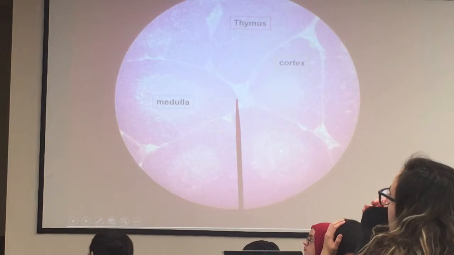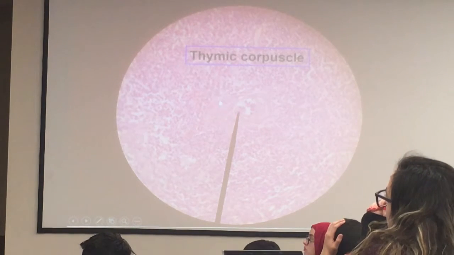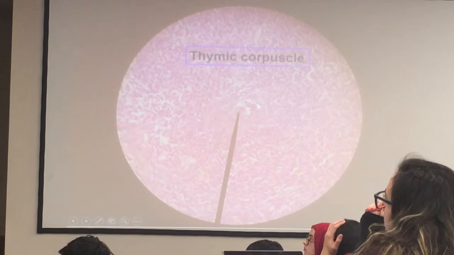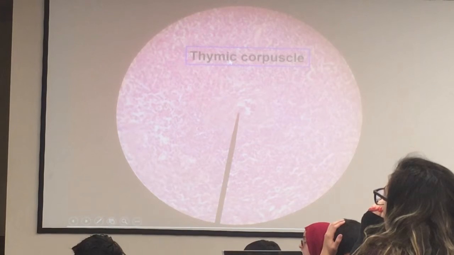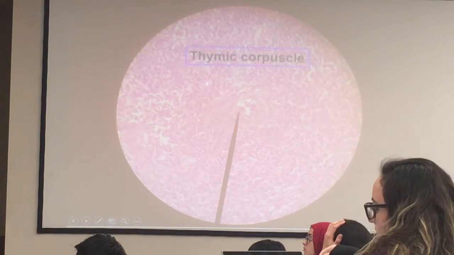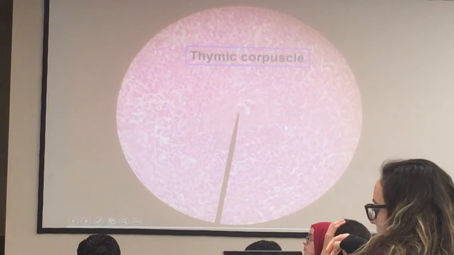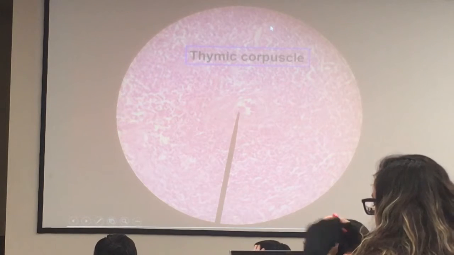If we look at the medulla and amplify it, you can see some pink color. It's not a blood vessel; that is the Hassall's corpuscle. The cells in the medulla here are mature T lymphocytes, a little bit lighter in color, and the darker color is the cortex.